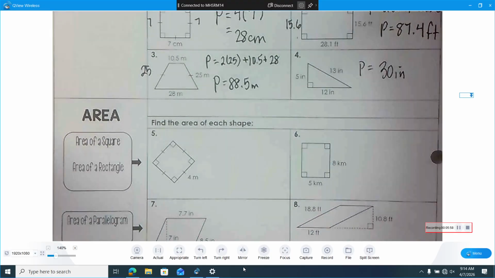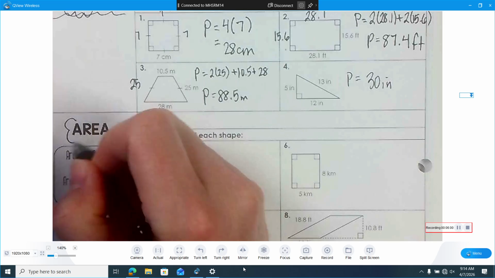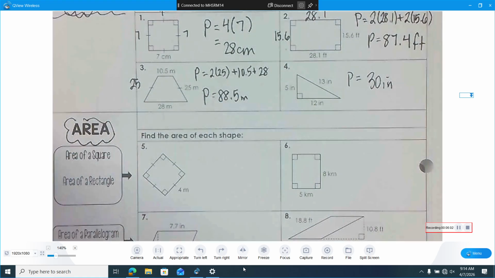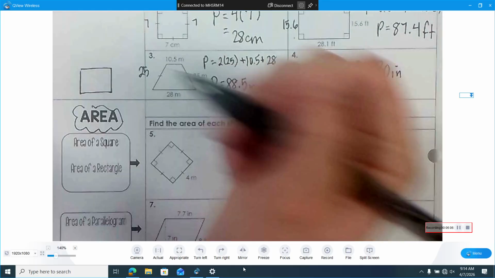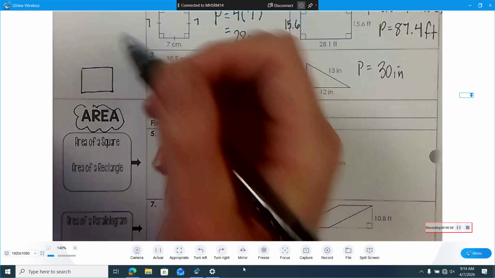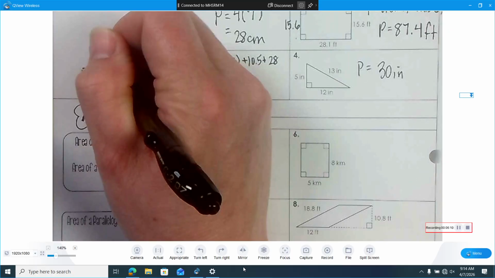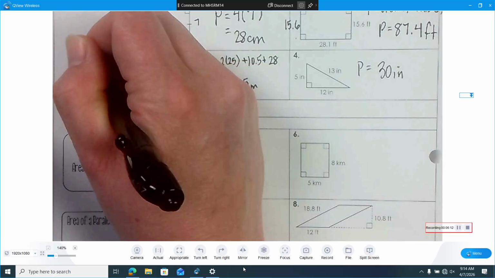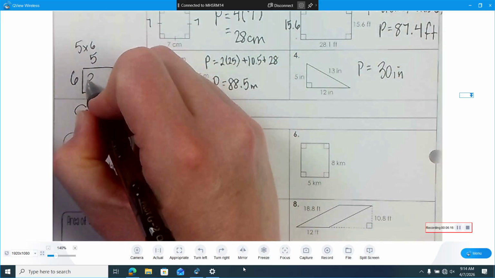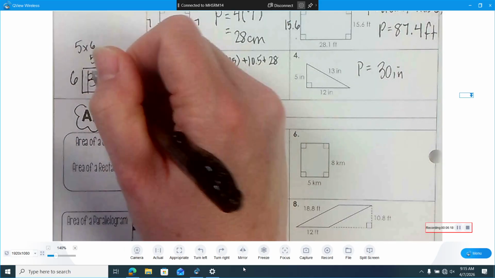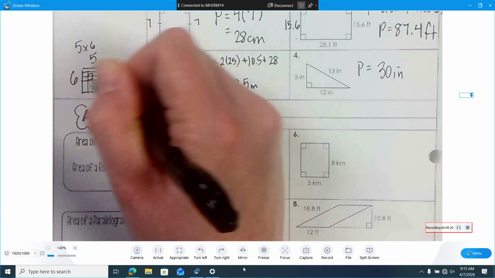Area, does anyone know what area is? So yeah, actually, we do a lot of the area using multiplication. So if I wanted to figure out what 5 times 6 is, we like to use the area model. It is 30, and 1, 2, 3, 4, 5, and 1, 2, 3, 4, 5, 6.